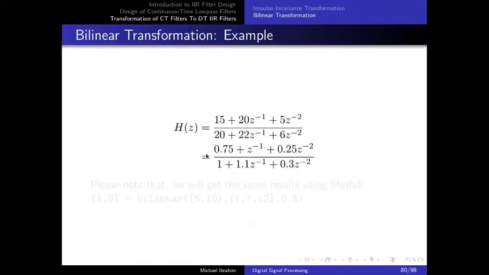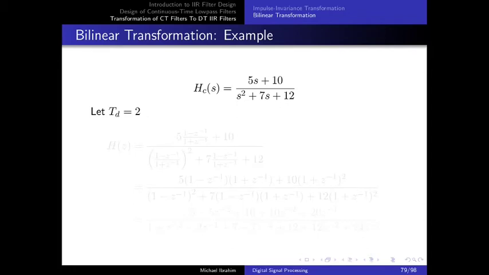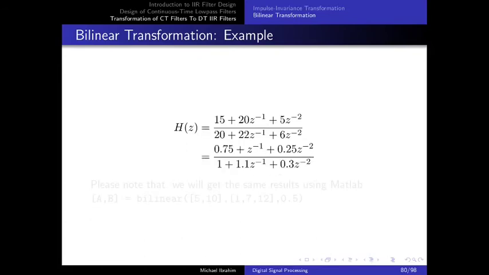So H(z) will be a second order polynomial in the numerator and a second order polynomial in the denominator. And here a few notes. The first thing, the continuous time filter had 1 zero and 2 poles, and the discrete time filter here has 2 zeros and 2 poles. So the number of poles is preserved.